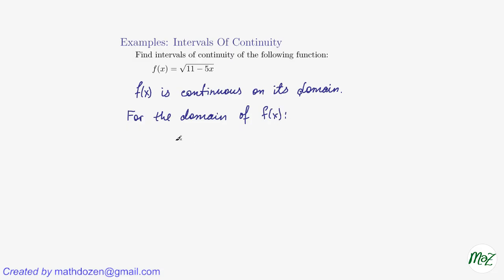So for the domain of f of x, we set the expression inside the square root, 11 minus 5x, being greater or equal to 0, and solve that. And as soon as we solve that inequality, that will be exactly the domain of the function. So we move 5x on the other side and get 11 being greater or equal than 5x, and then divide by 5 both sides.